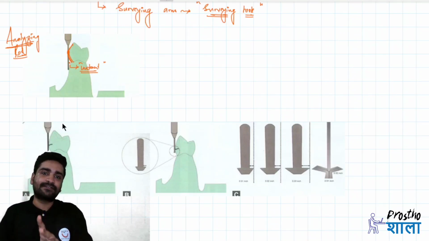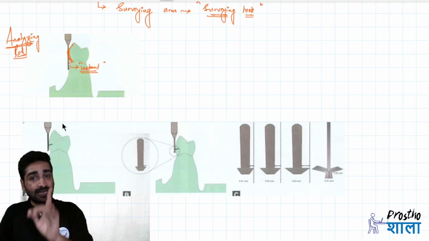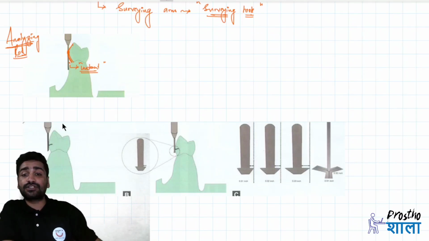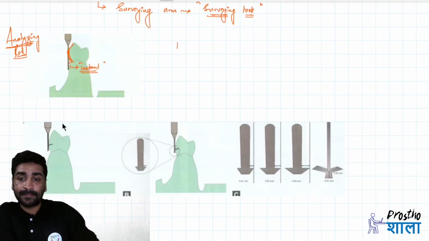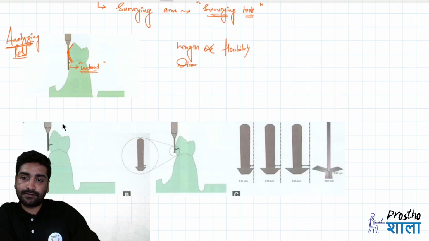So it is vice versa. The length of the clasp is directly proportional to the flexibility. Okay, this is additional information. Length is directly proportional to flexibility, but diameter is inversely proportional to flexibility.